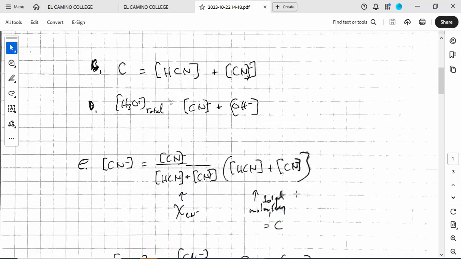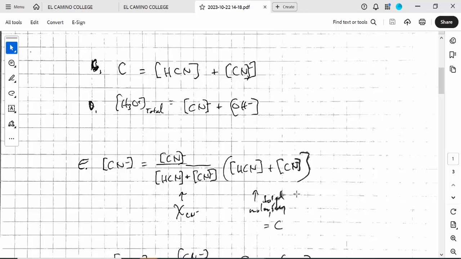And so what we can do is, this is like an algebra trick. We can solve for the cyanide concentration by manipulating these here. And then we get something called the cyanide mole fraction. The cyanide mole fraction is the concentration of cyanide over the total concentration here. The total concentration would have been the equilibrium HCN and the equilibrium cyanide, or C. We could have used C here as well. And so this is going to be the cyanide concentration. We take the mole fraction of cyanide times the total molarity.